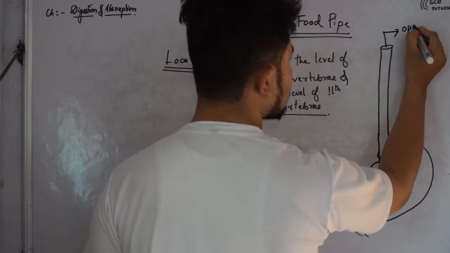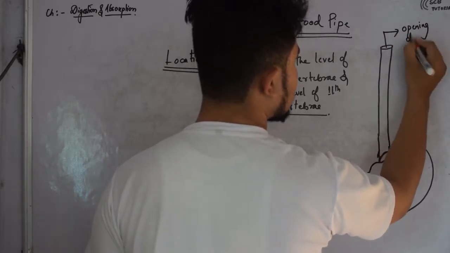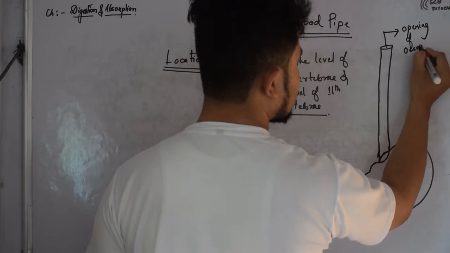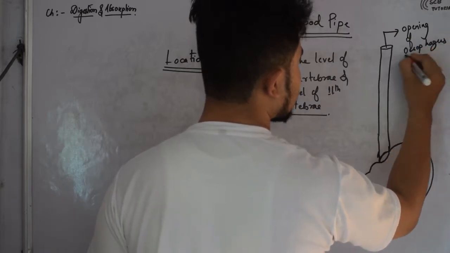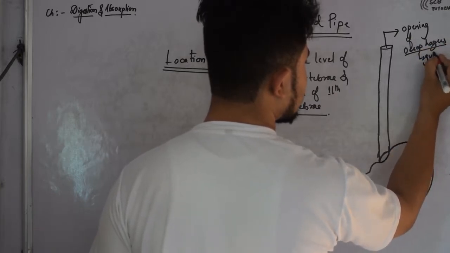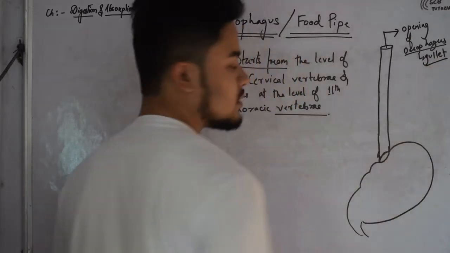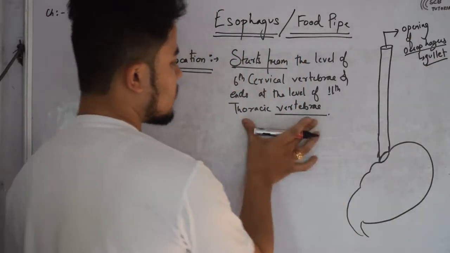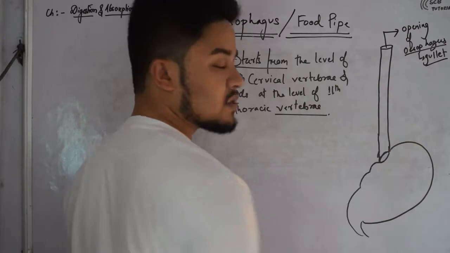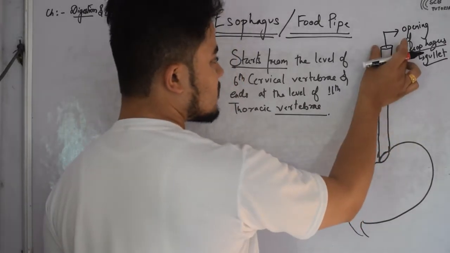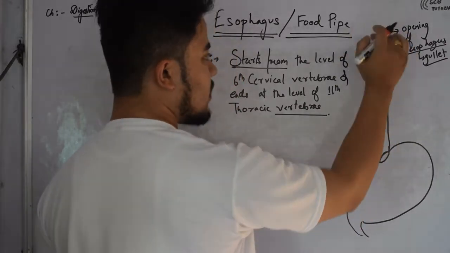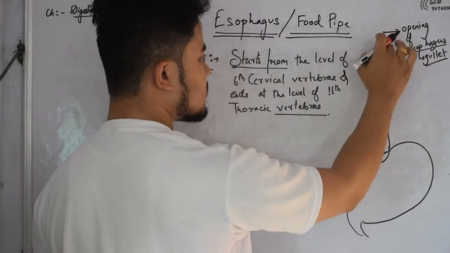This opening of the esophagus is called the gullet, G-U-L-L-E-T, gullet. So this is the esophagus, right? This is also called the food pipe, and it starts from the level of the sixth cervical vertebra.